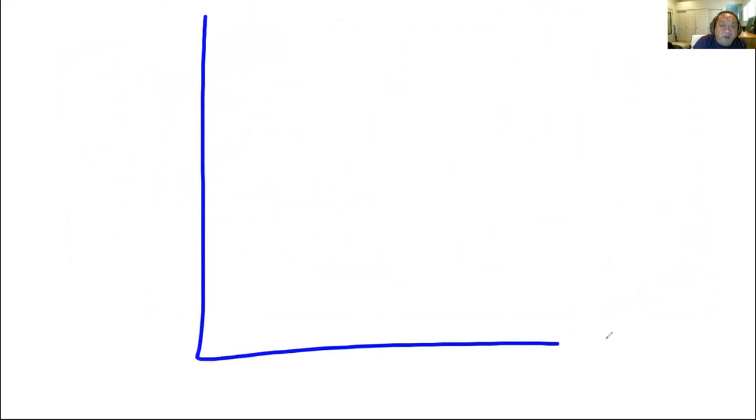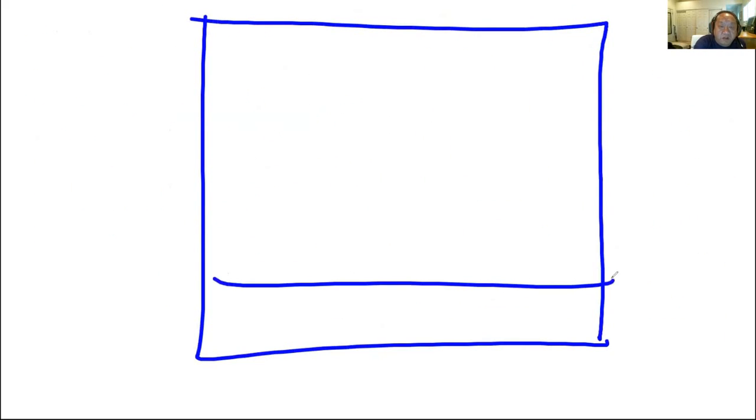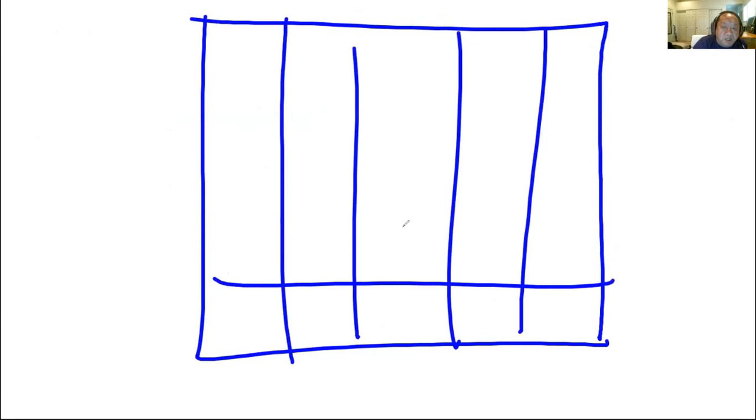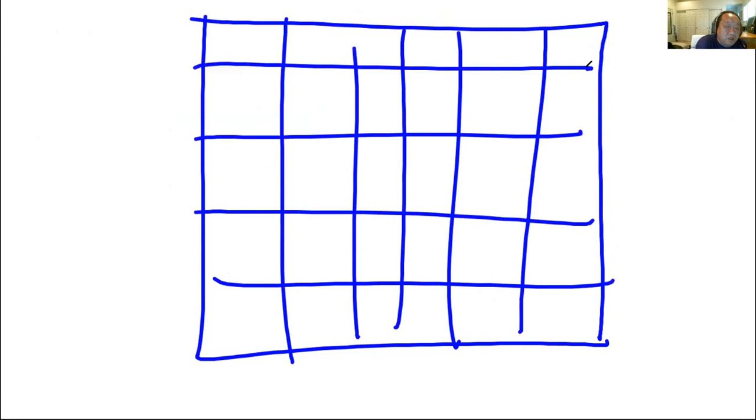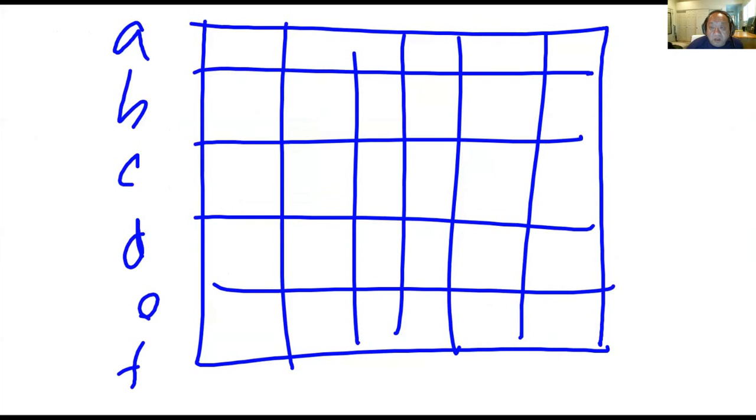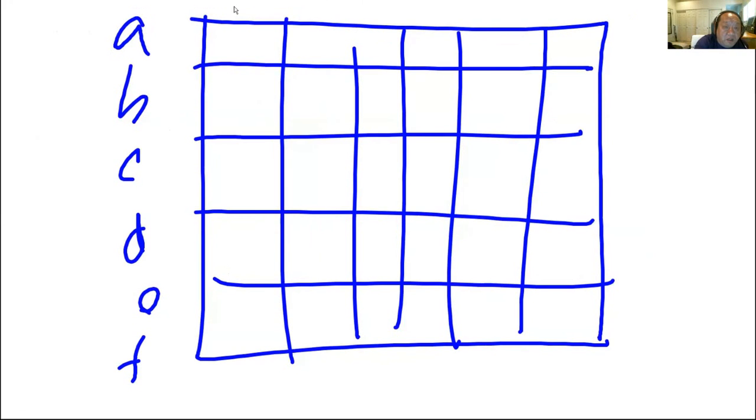Or sometimes I have a different game. Say I have a chess game, whatever my chess game is. So I have A, B, C, D, E, F, and 1, 2, 3, 4, 5, 6, 8.